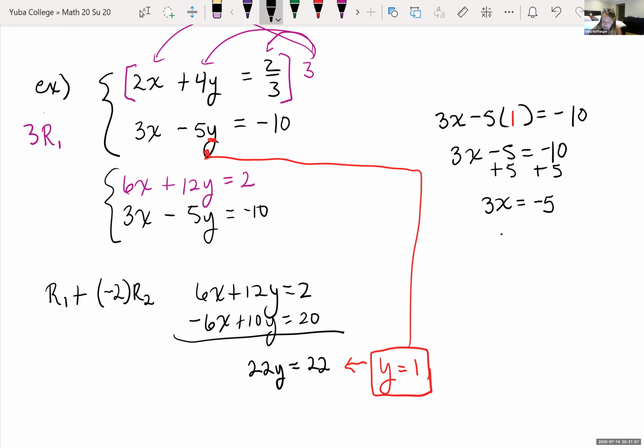And x then is equal to, divide both sides by 3, negative 5/3. So the solution is the point negative 5/3, comma 1.